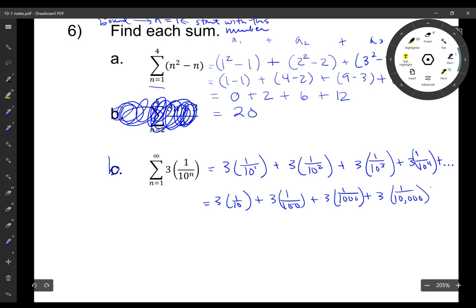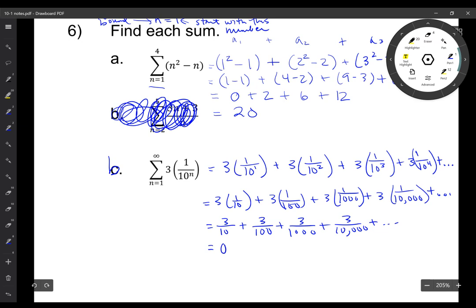I don't know if I'm saying that clearly enough or not. So this first one as a decimal, well, let's just do 3/10 first, 3/100ths, 3/1,000ths, 3/10,000ths. So I think in decimal form you'll see it better though.